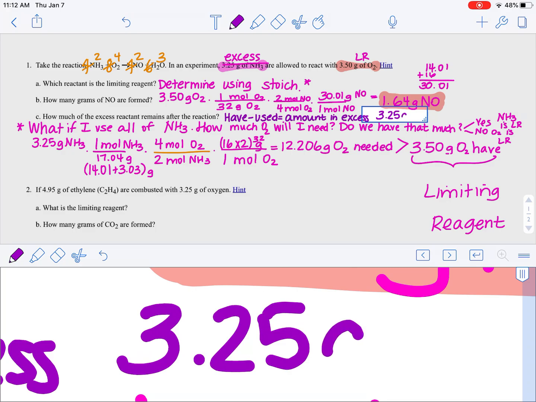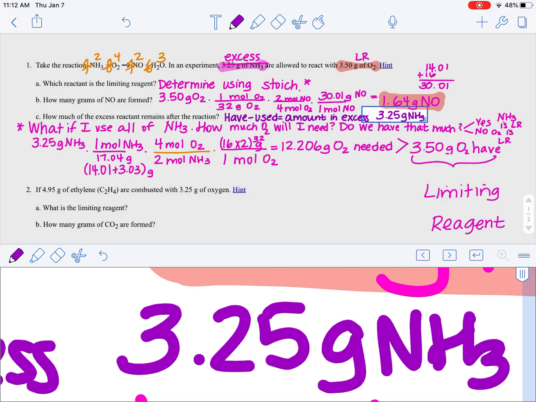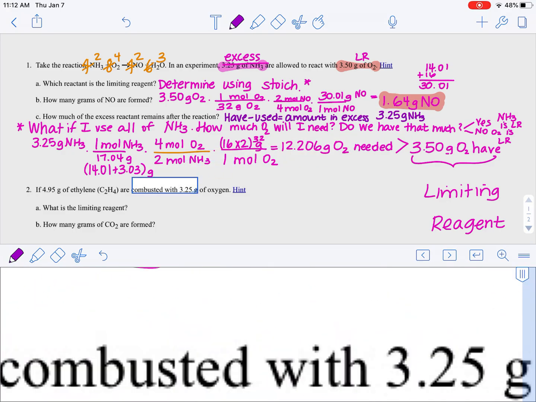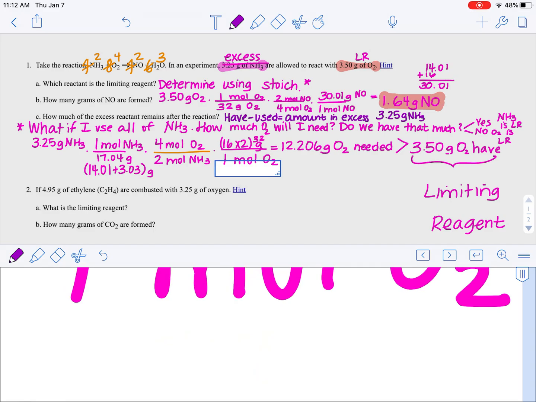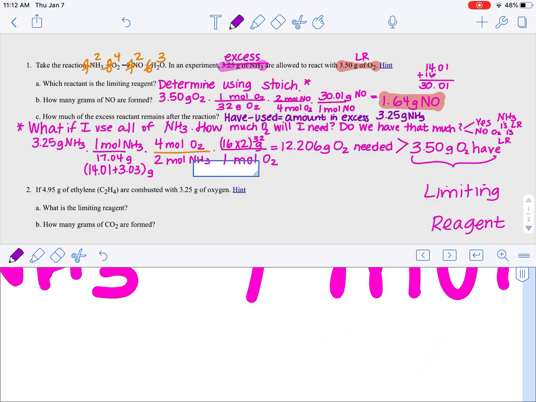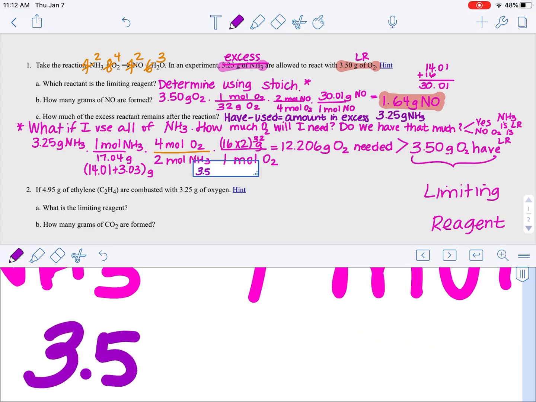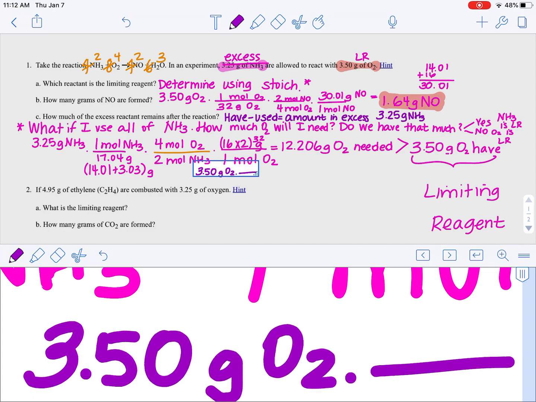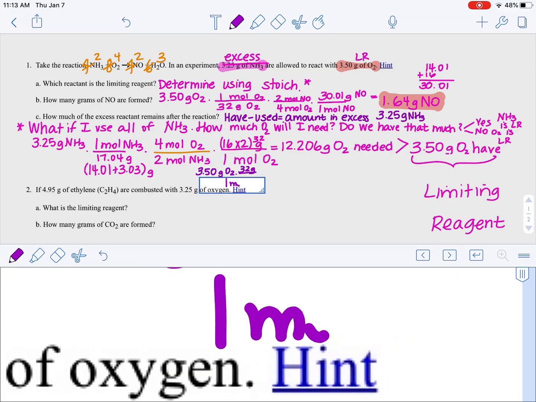We have 3.25 grams. I'm now going to redo the stoichiometry to figure out how much I've used. So that's the 3.50 grams of oxygen, and I do all my stoichiometry out with oxygen.